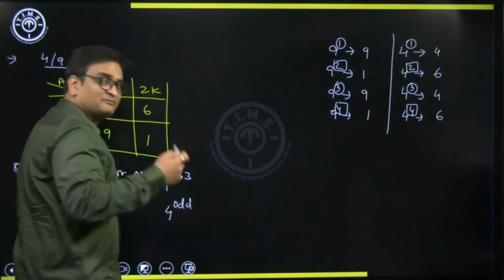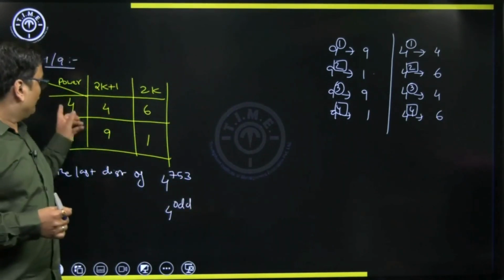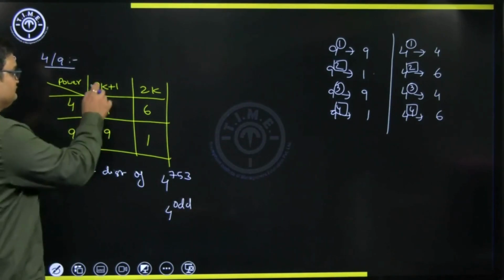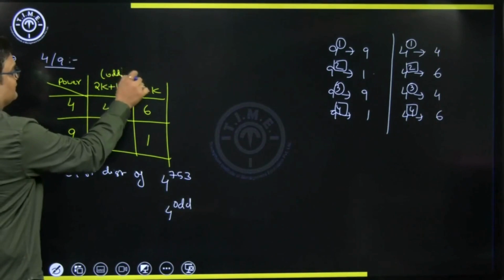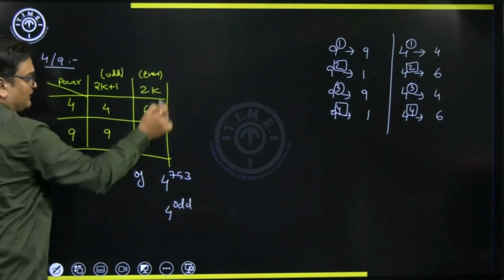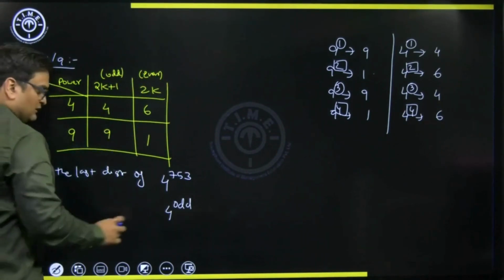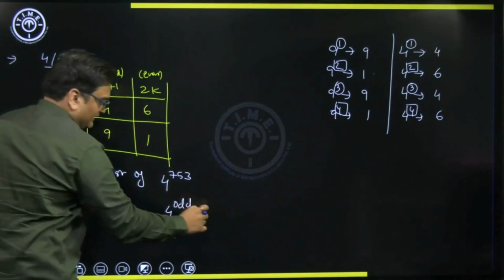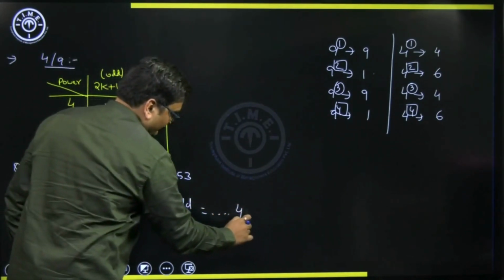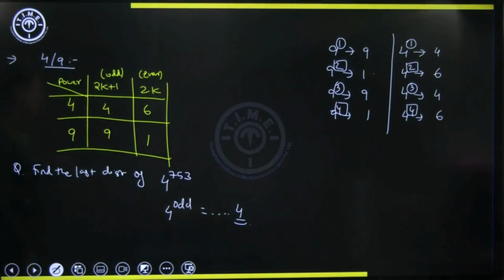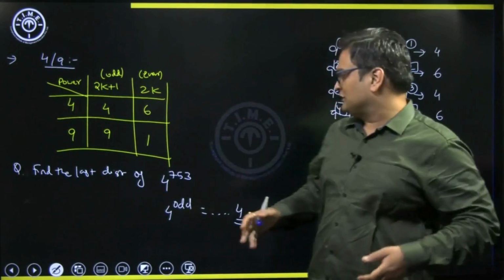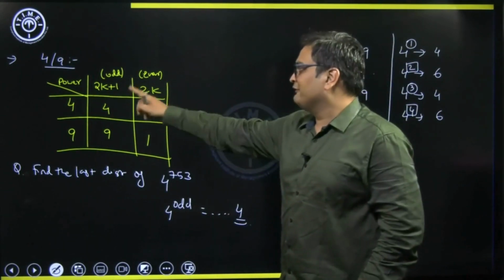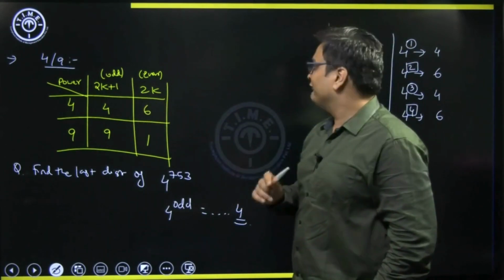No matter how large the number is, it's odd. So this is odd, this is even, 2k is even, 2k plus 1 is odd. The moment the power is odd, my last digit is definitely going to be a 4. So without any value calculation, we can answer this. 4 to the power even will give me 6, 4 to the power odd will give me 4 only.